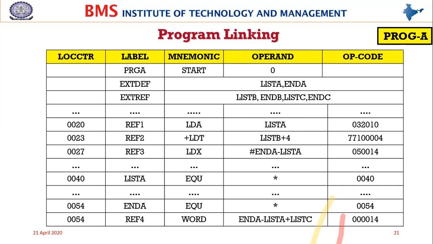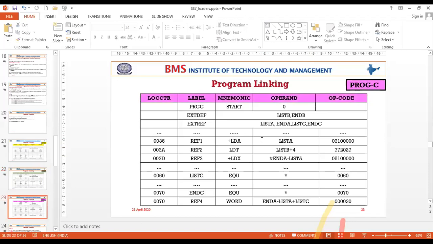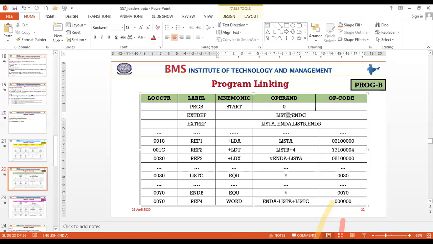Fine. A similar sort of program we have in program B also. The next control section is called program B, and the external definition is supposed to be list B and list C. So once again, you can change. This should be B here.